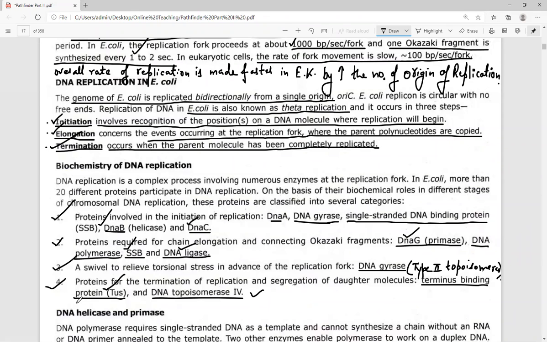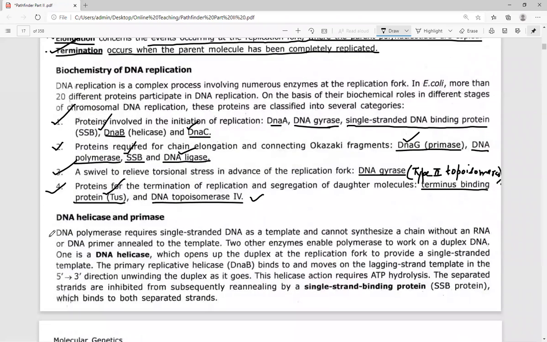Now, after this, we are going to start with the melting of the DNA molecule, how it takes place with the help of the enzyme referred to as DNA helicase. For this, we would be looking at the animation, and I have already shown you the animation.